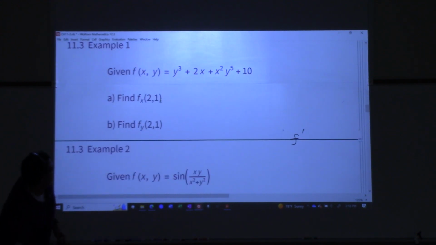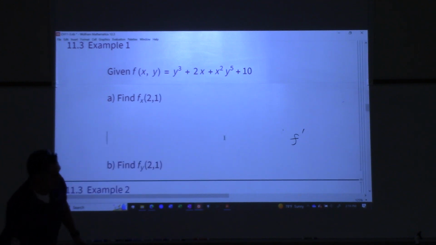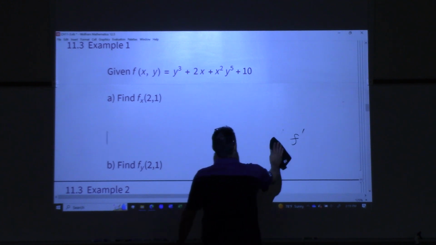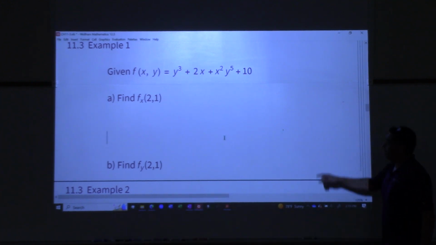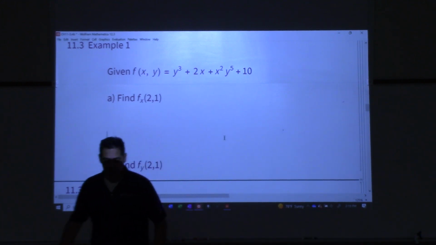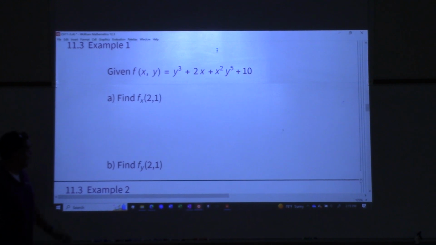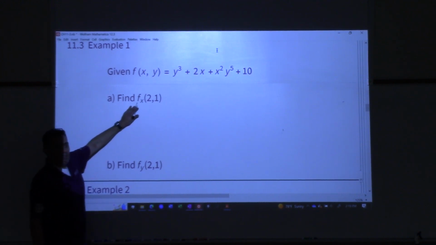And I have an example. So let's do this example. What you see up there is a polynomial function, because it contains x's and y's raised to various powers. I would like to know what the partial derivative of f is with respect to x.